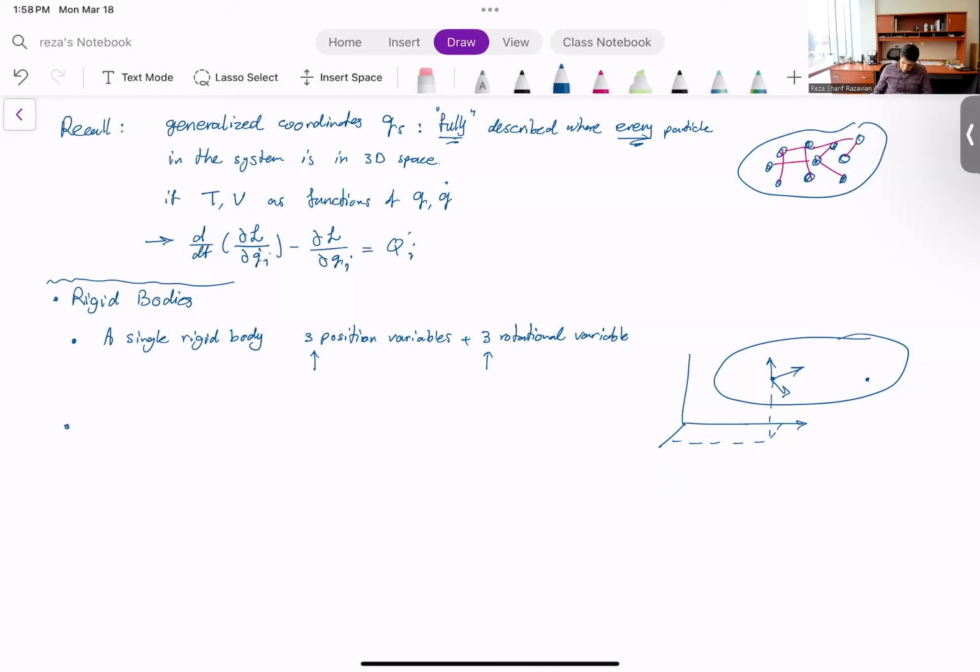Another example that could be even simpler, you can consider a collection of rigid bodies. So this is one body. I have one axis attached to that. One body here, another axis.